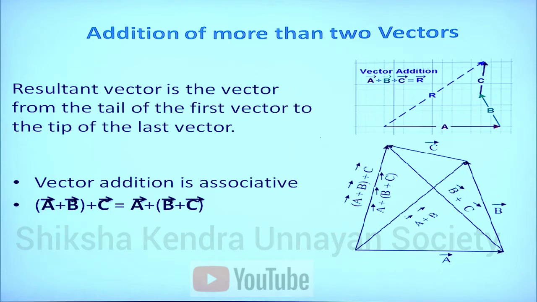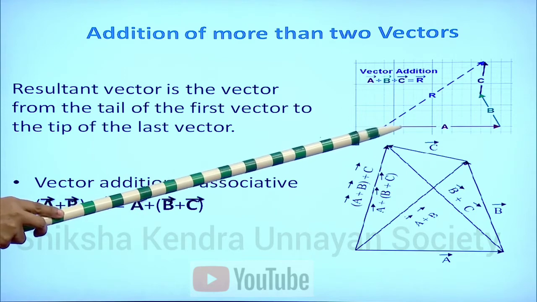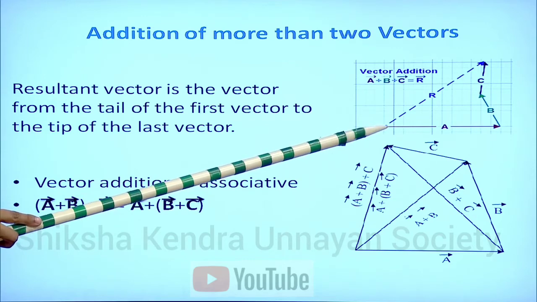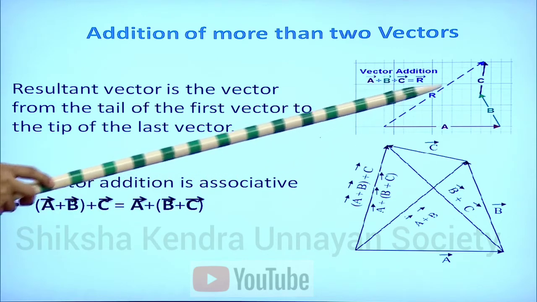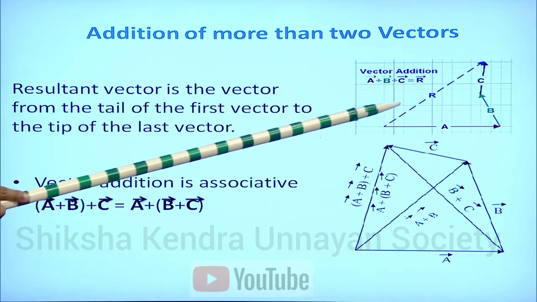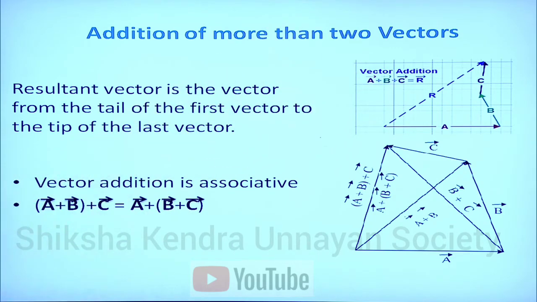As you can see from the screen, here we are taking 3 vectors A, B and C. Now, to find out the resultant of the 3 vectors, we have to join the tail of the first vector to the head of the last vector, that is head of vector C. Now, if we join, it gives the resultant R. So, like this you can add more than 2 vectors.